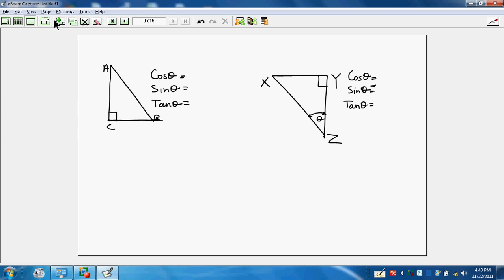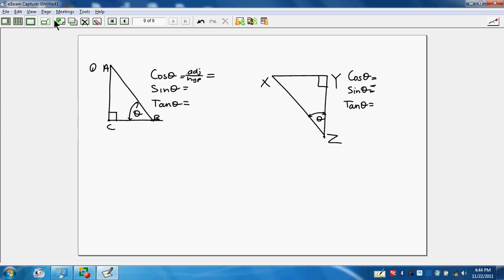So if we look at these two examples, in the first example, if we were asked to find cosine theta, we learned in SOHCAHTOA that cosine is adjacent over hypotenuse. So we could write adjacent ADJ over hypotenuse HYP to shorten it. We have to identify the angle being considered, which is theta at the bottom.